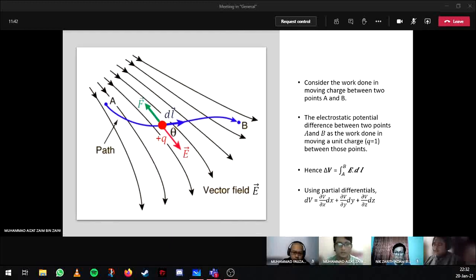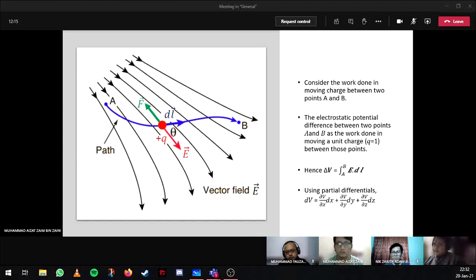On the left side is a figure of how the charge is moving. The blue line is the path, this one is point A, and this one is point B. The first point is to consider the work done in moving a charge between two points A and B. The second point is the electrostatic potential difference between the two points A and B, defined as the work done in moving a unit charge Q equal to 1 between those points.